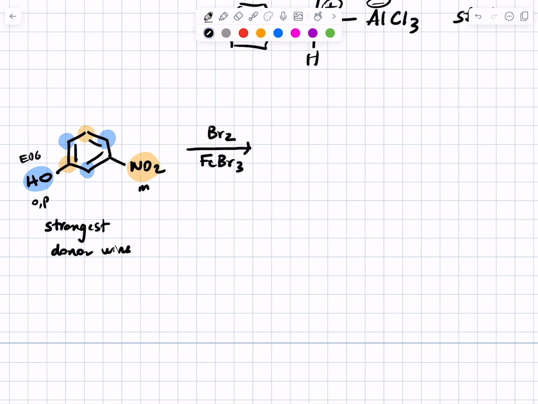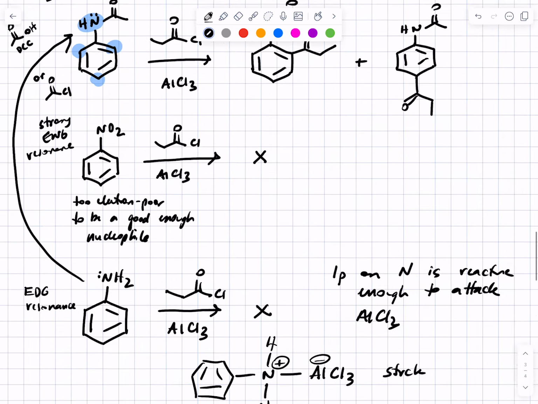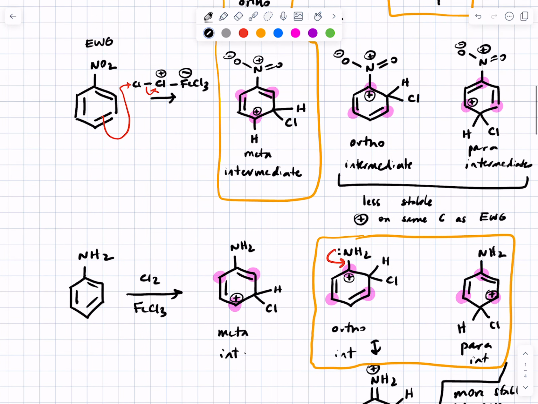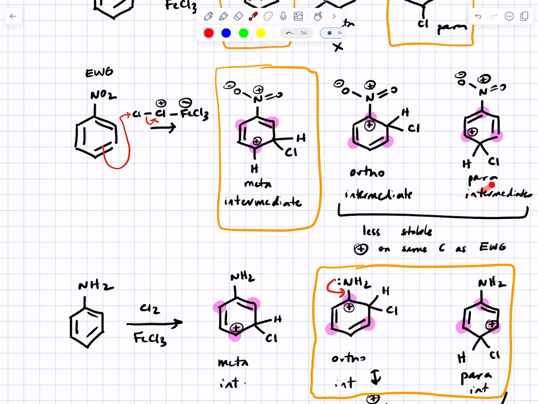Okay? And in part, the reason donors prevail over withdrawers is, remember that the withdrawing preference is related to the fact that the ortho and para intermediates put a positive charge adjacent to the ring, whereas the meta intermediate doesn't. The meta intermediate doesn't stabilize the positive charge, it just destabilizes it less.